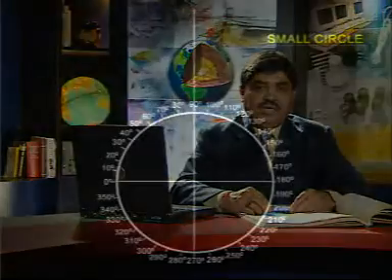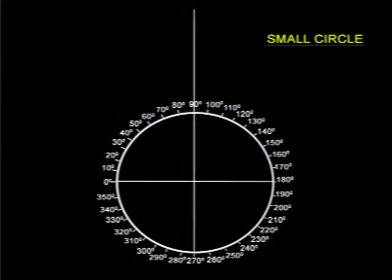For the small circles, similarly we divide the circumference into 360 degrees and then make tangents from same angles on both sides of the circle. Let us take the example of 10 degrees.